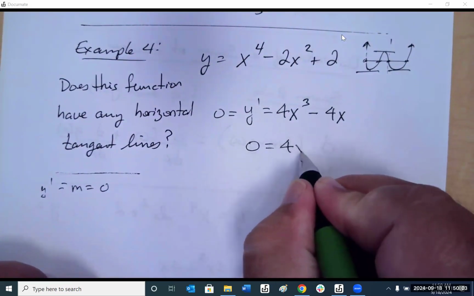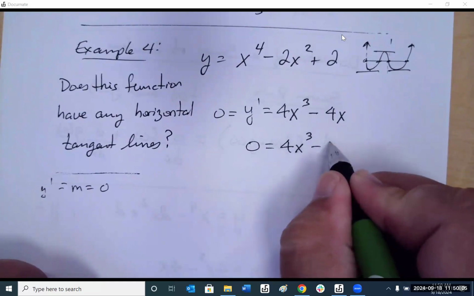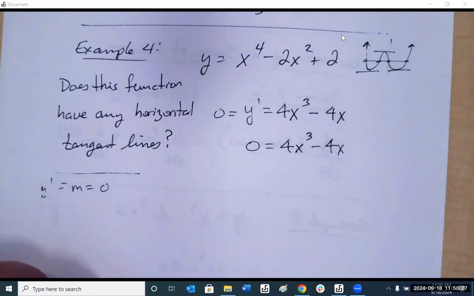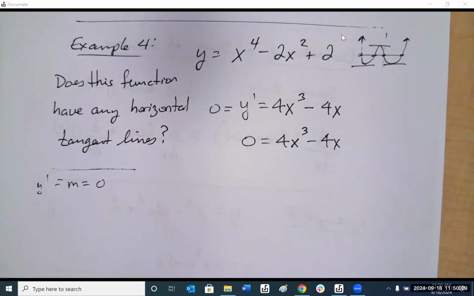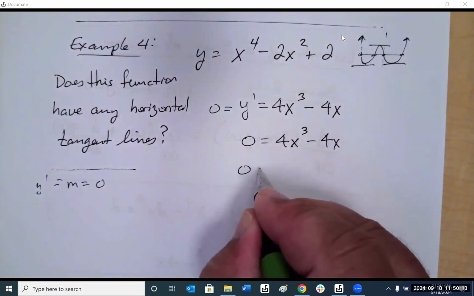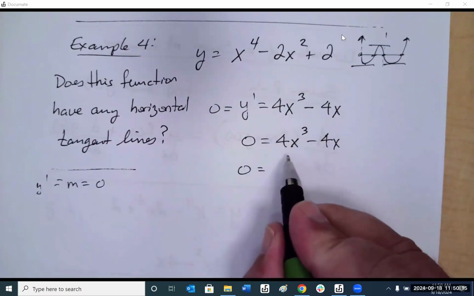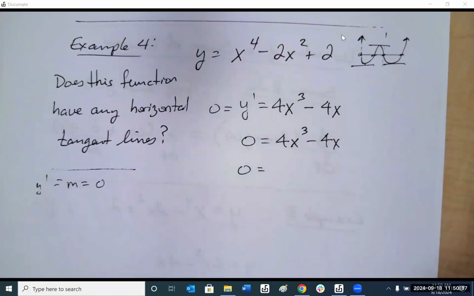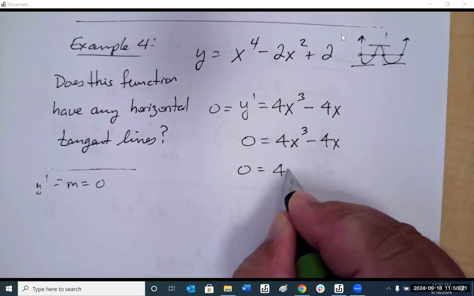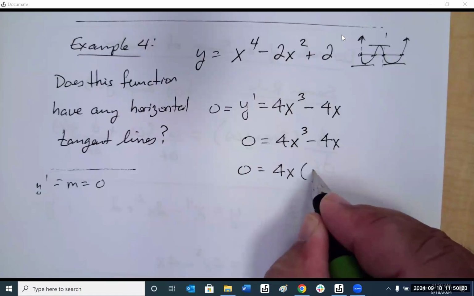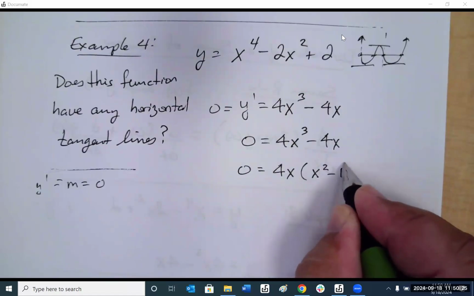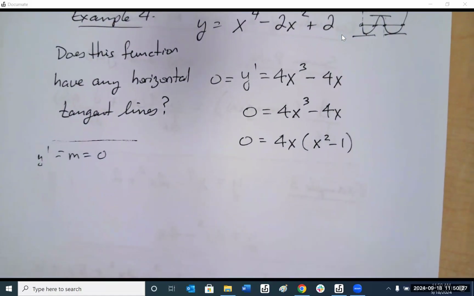Set that equal to 0. What do we have to do first? Factor out the 4x, which gives us x squared minus 1.